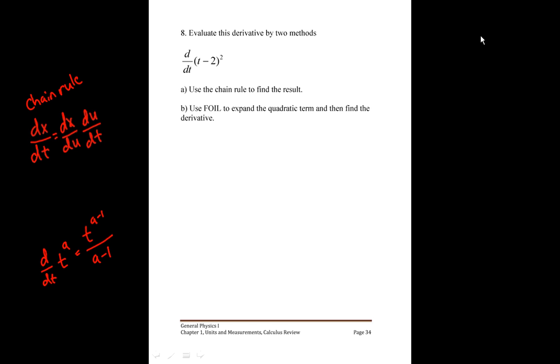So for example, the derivative of t squared with respect to t is going to be 2t to the 2 minus 1, 2t to the first power. Okay, so I want to use the chain rule first. Now, my x is defined as this.